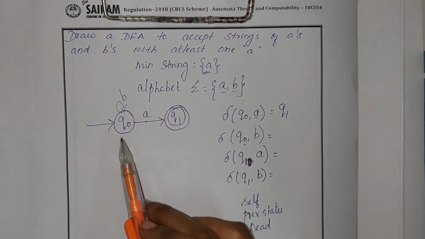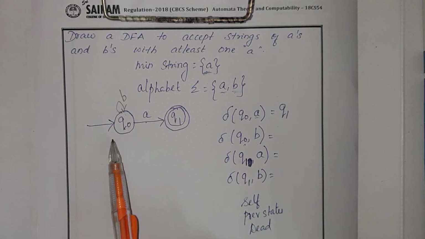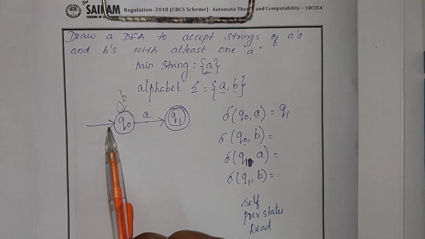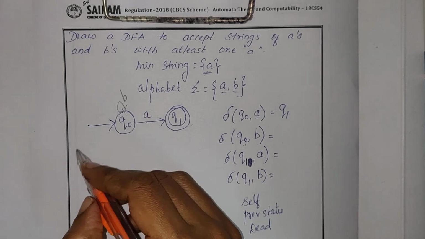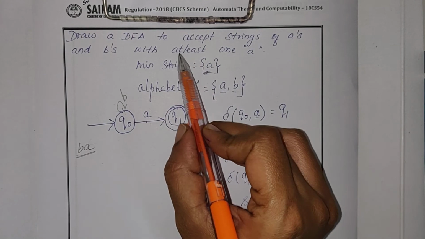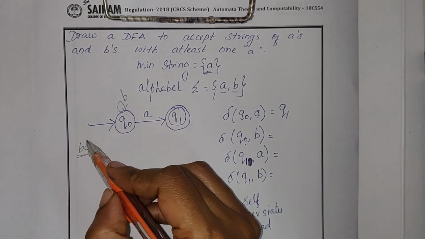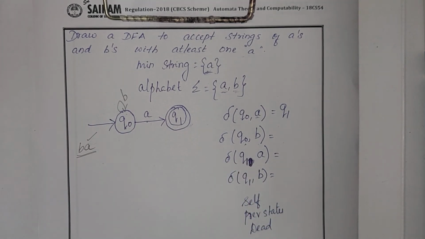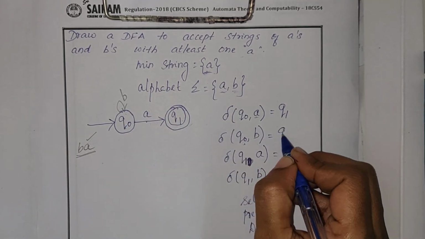I have to check whether this marking is correct. How will I check? You have to write strings from the start state to the final state: B, A, B, A. Now check the question: it should have at least one A. I have at least one A, so this marking is correct. So Q0 comma B is nothing but Q0.